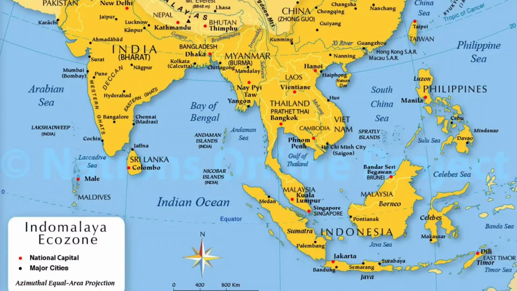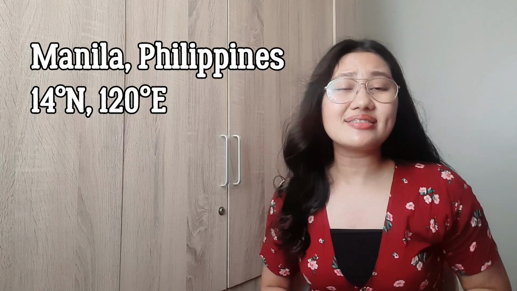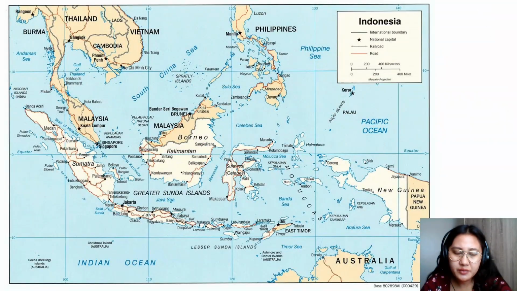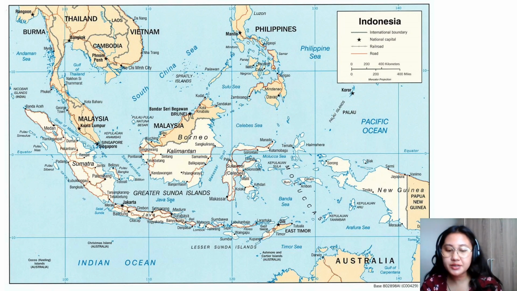Okay, now, if we're going to locate the Philippines, especially Manila, Philippines, the coordinates of Manila, Philippines is 14 degree north and 120 degree east. Paano nangyari yon? So, tingnan natin to at panoorin. Okay, so in our example, we said that the Philippines has the coordinate of 14 degree north and 120 degree east.